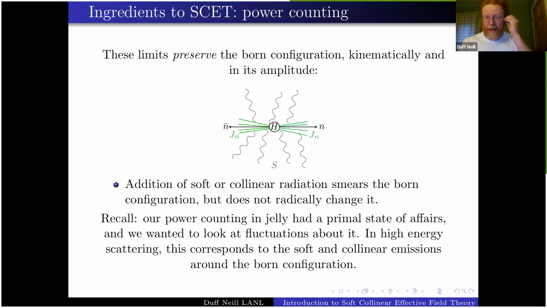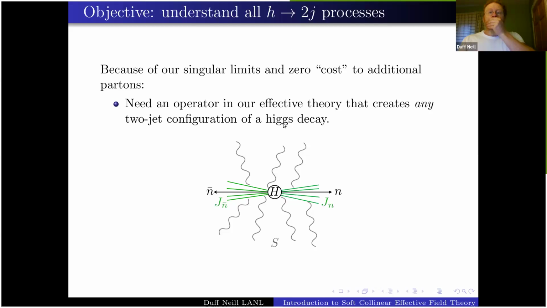So I've jumped a bit, right? We've talked about the degrees of freedom. We've talked about the power counting, and I jumped over the issue of symmetries. Now we'll have to deal with the issue of symmetries, because hopefully I've convinced you in this entire discussion that when I want to talk about Higgs decay to two gluons, I don't want to talk about just that Higgs decays to two gluons.